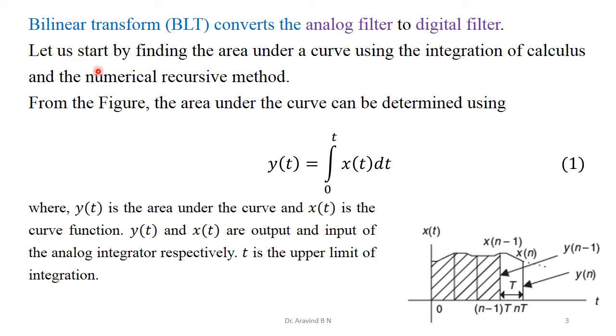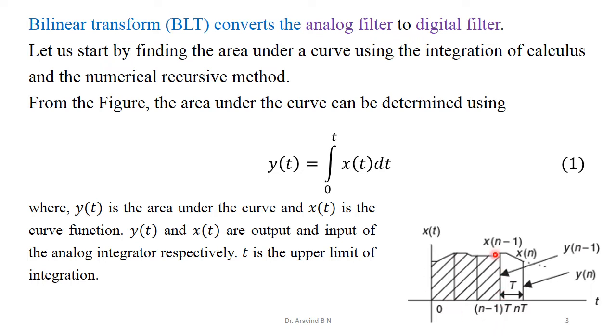So let us start by considering the area under the curve, whichever is the slanted line. We are going to make use of the integration of calculus and the numerical method in order to identify the solution.